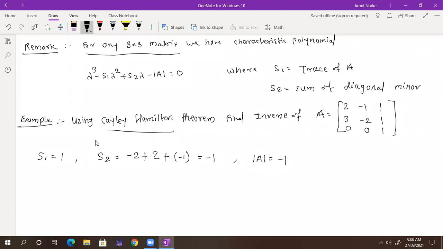So what is my characteristic polynomial? It becomes lambda cube minus S1 lambda square, S1 is nothing but 1, so minus lambda square. S2 is nothing but minus 1, so again minus lambda only. And this becomes plus 1, which is equal to 0.